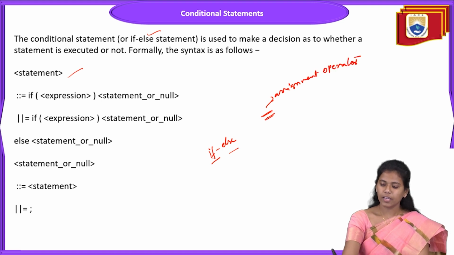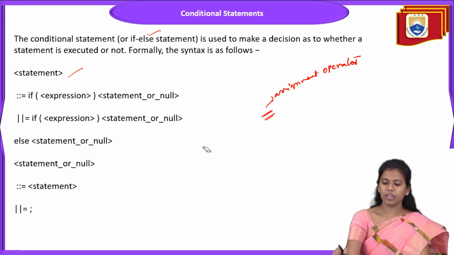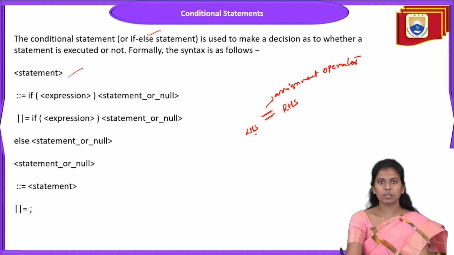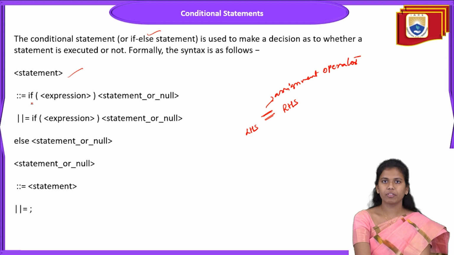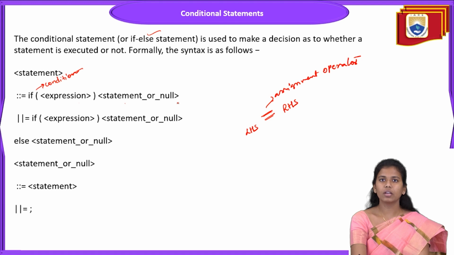In these statements we have the RHS, and to the left of the assignment operator we have the LHS. So also in the conditional statement, we have the right hand side expression. If is a condition, isn't it? So if is a condition with the expression, and this statement talks about the statement or null.